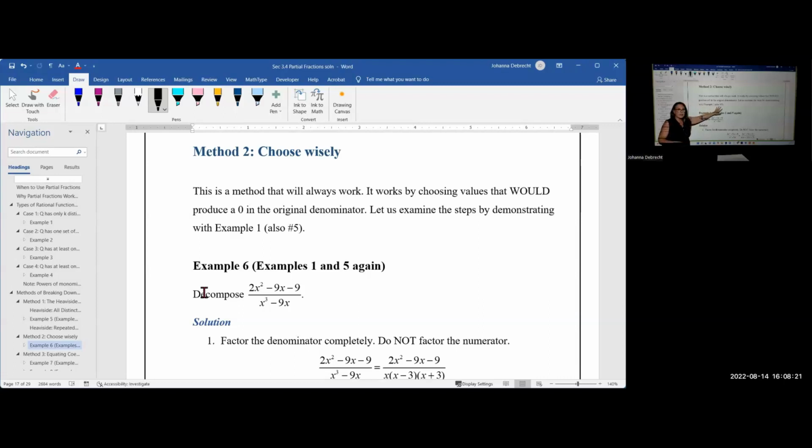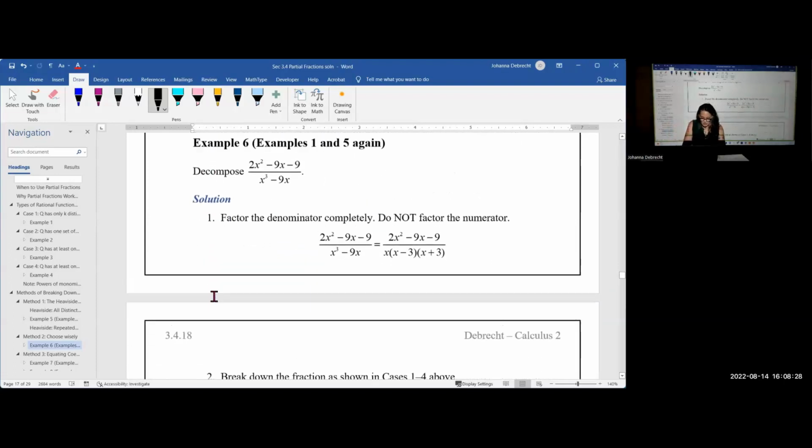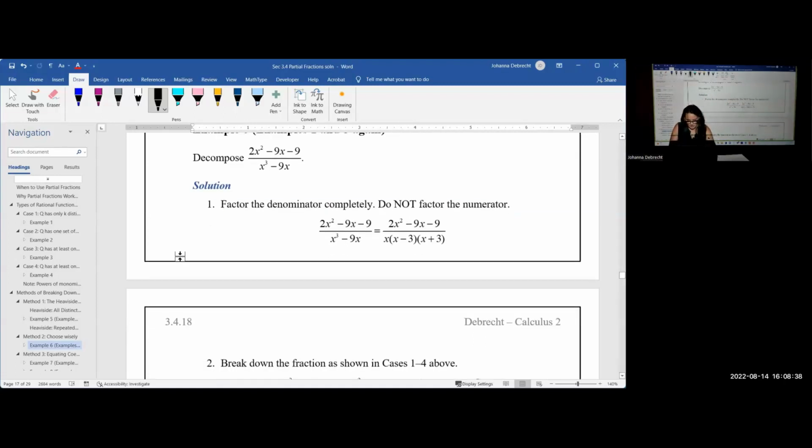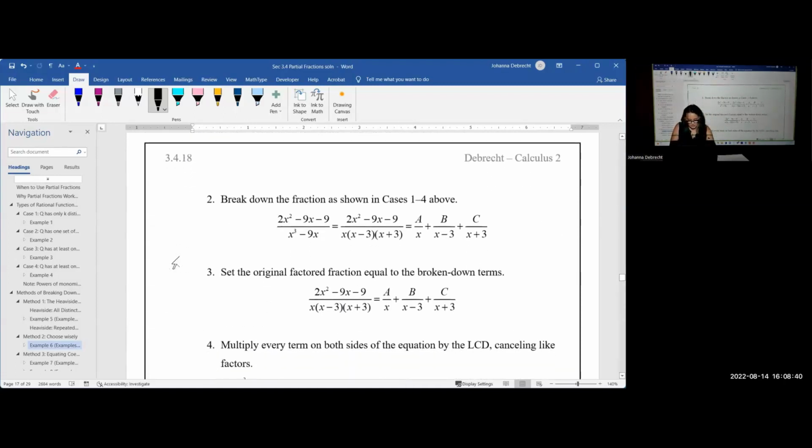So I'm going to go back through example 1 again, which is also example 5, same thing. So we're going back through this same problem, but now we're going to do the method of choose wisely. So when we're looking at this, we're going to factor the denominator completely. Don't factor the numerator, it's wasted effort. So you get this expression right here.